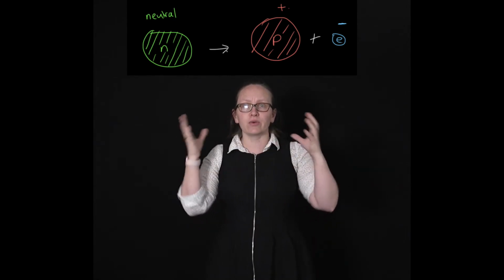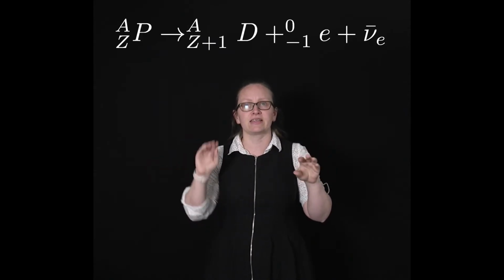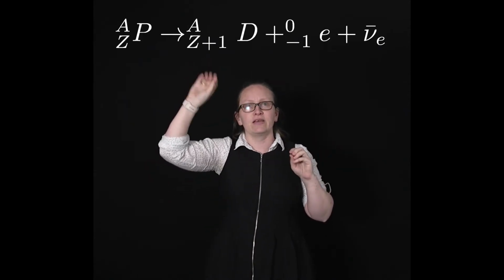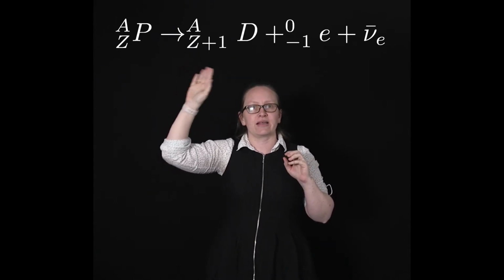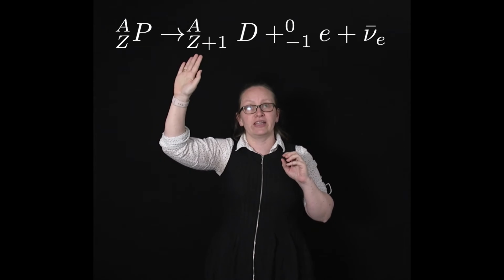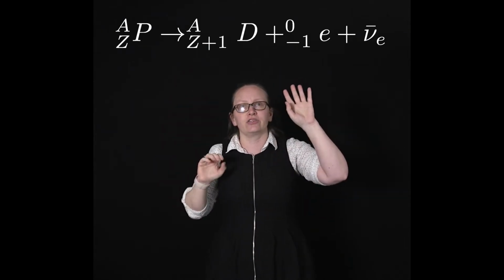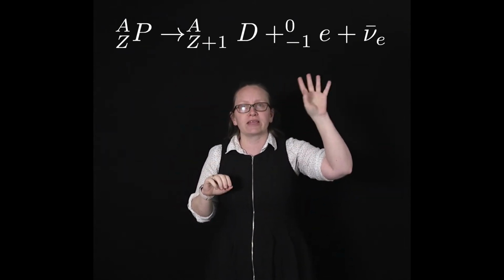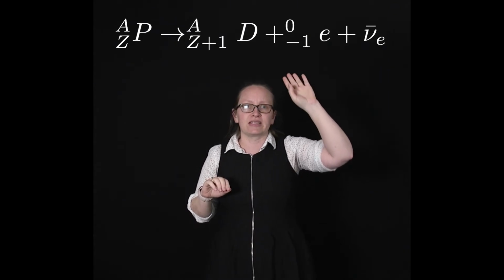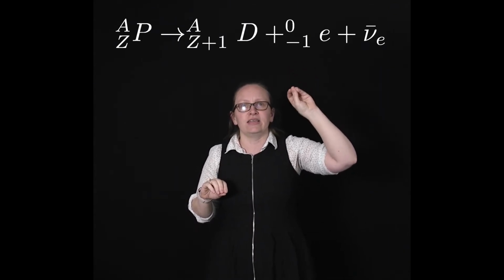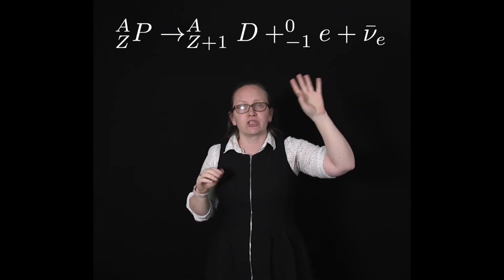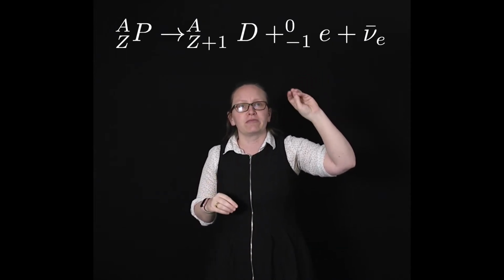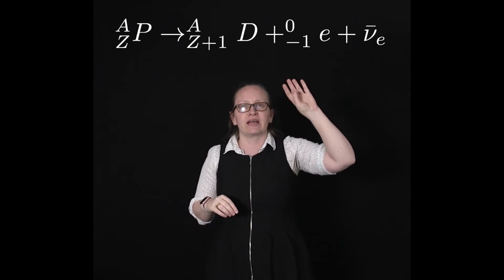Our equation for a common beta decay can be written as A Z P, where A is the mass number, Z is the atomic number, and P stands for the parent nucleus, decays into a daughter nucleus, which we can represent with the mass number A and the atomic number Z plus 1, plus an electron, which is our beta particle, which we can write as 0 minus 1 e.